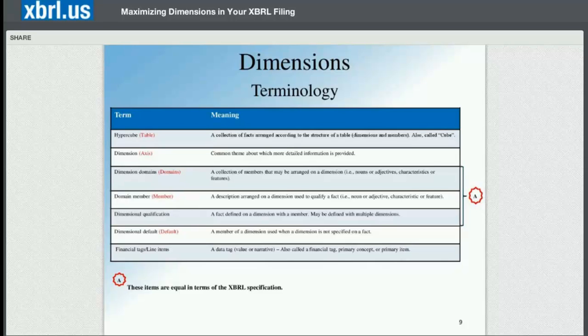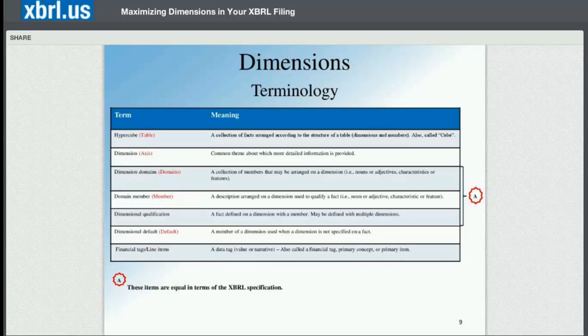Just to go through some terminology so that we're all looking at this from the same perspective and we're on the same page. Some of the words that you might hear and be familiar with are table. In the taxonomy, the US GAAP taxonomy, there are elements that end with a standard label that has open bracket, table, close bracket. The word in programming for that table is a hypercube.